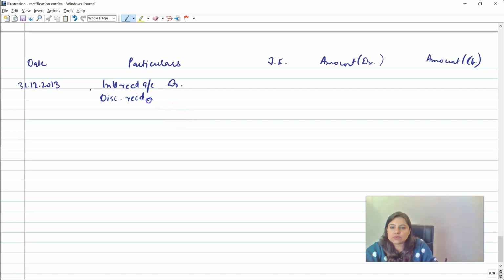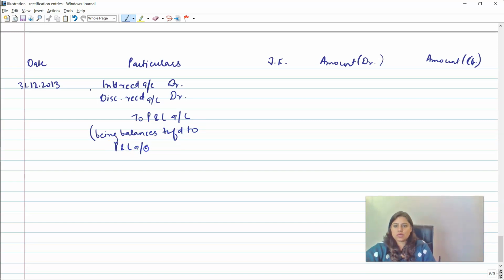So the discount received account again debited, and thus P&L would be credited with such amounts. So narration being balances transferred to profit and loss account. So the interest received account is 3,000, and also discount received is 3,000, which brings the credit amount to P&L as 6,000.